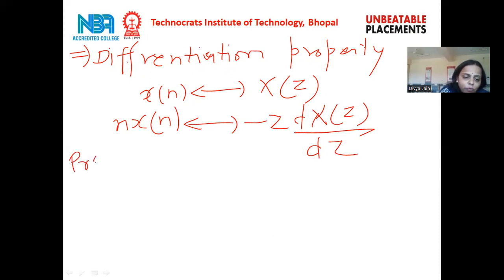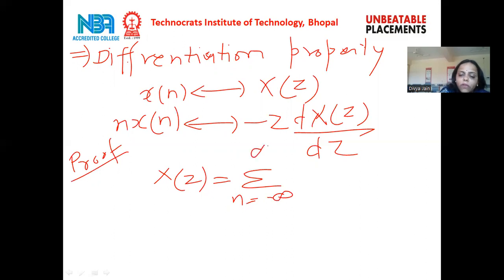So for proving this property, first we take X(z) as the summation n equals minus infinity to infinity of x[n] z to the power minus n.